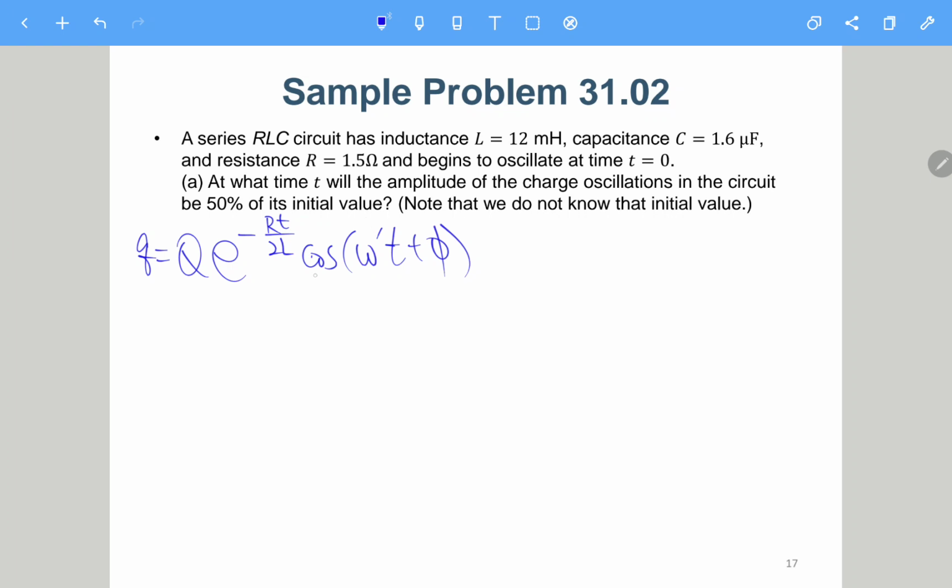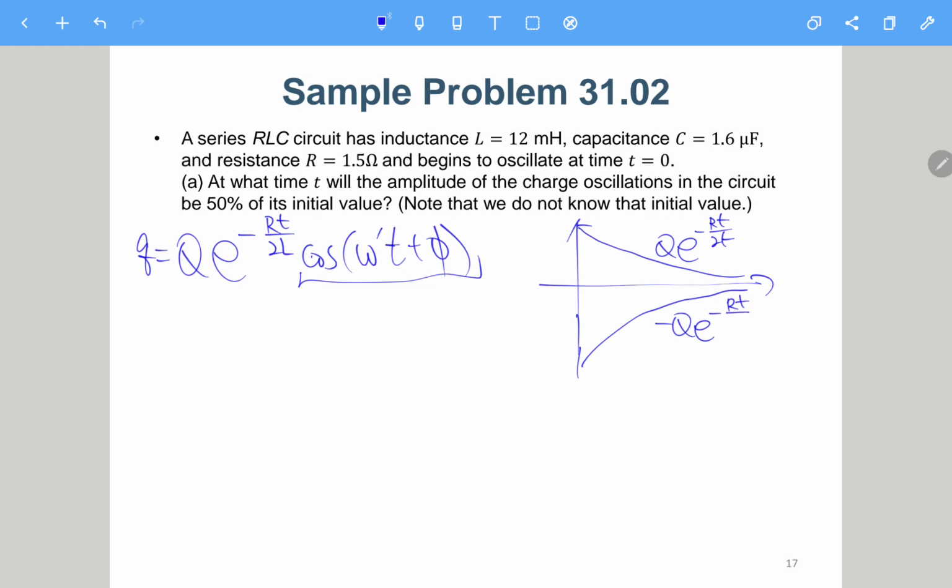So actually we just ignore the cosine part, because it is just an oscillation inside an envelope. The envelope is Q exponential to negative RT over 2L, and then we have the symmetrical flipped one, negative Q exponential to negative RT over 2L.